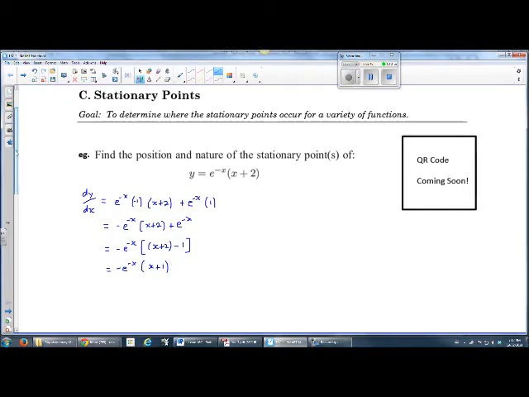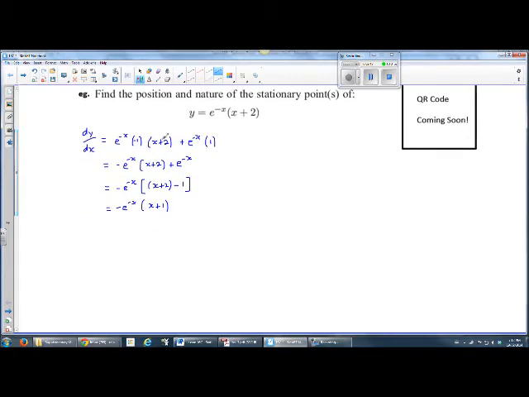From your work with stationary points in the past, you know that stationary points occur when dy by dx equals 0.